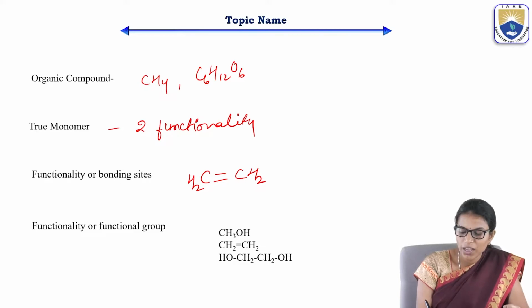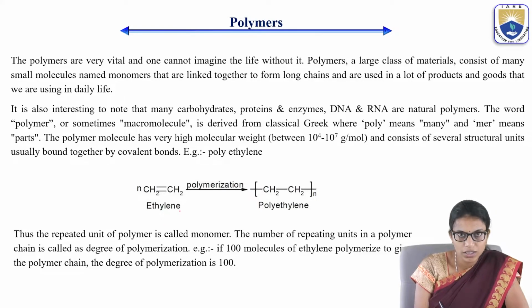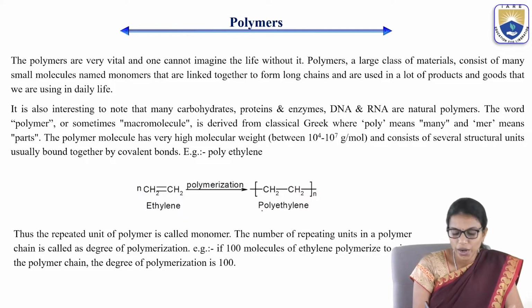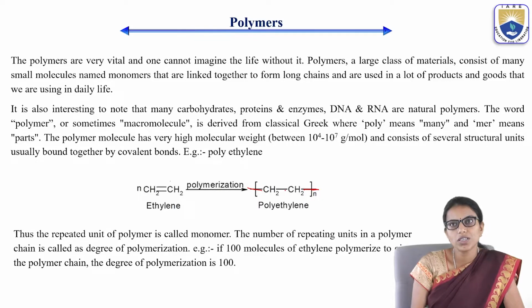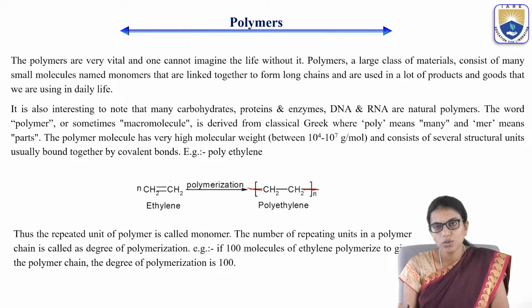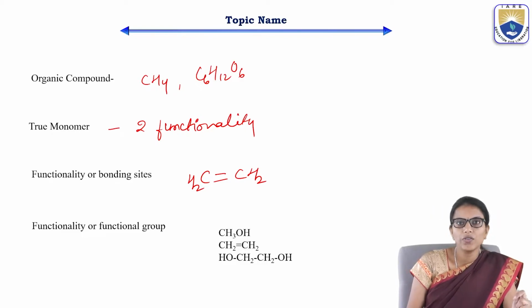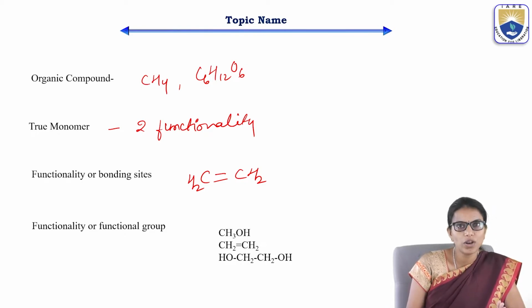For example, with ethylene we make polyethylene. Ethylene contains two functionalities by which it connects with the repeating unit of CH2 through single bonds, which is known as functionality. So we should understand that during the preparation of a polymer, the monomer should be a true monomer.